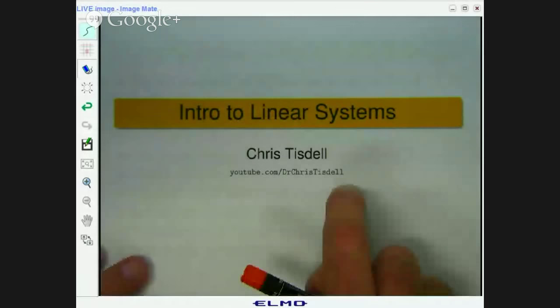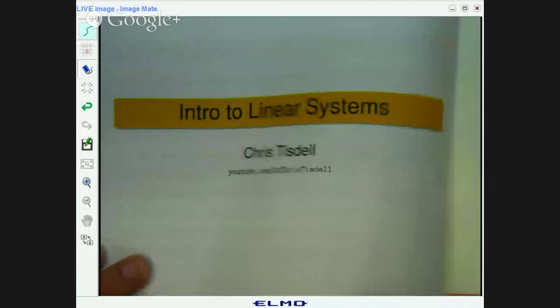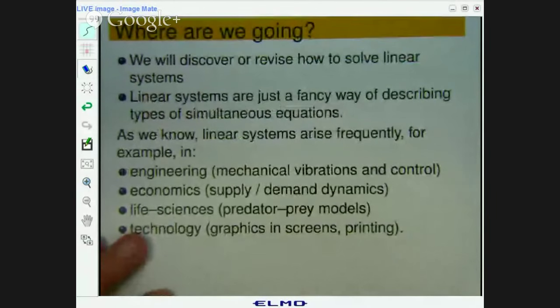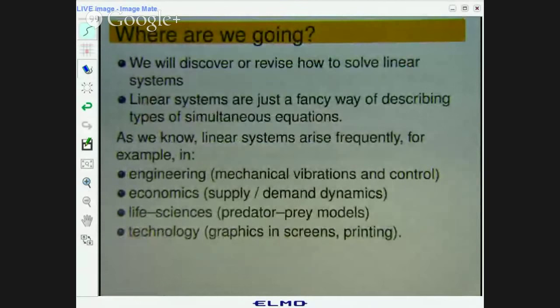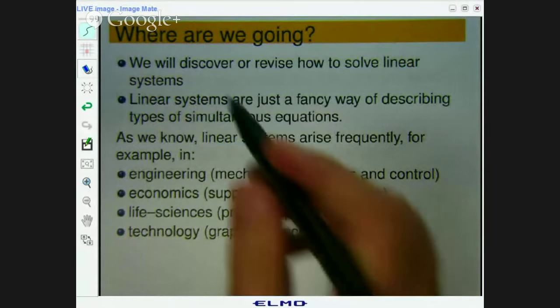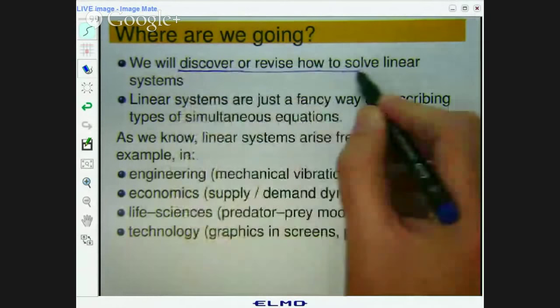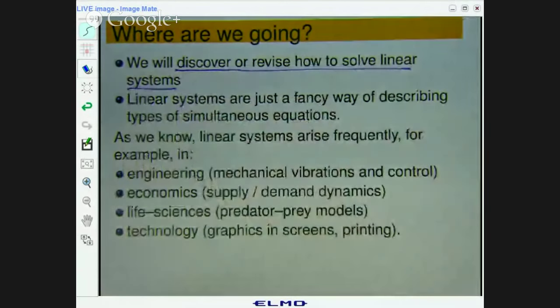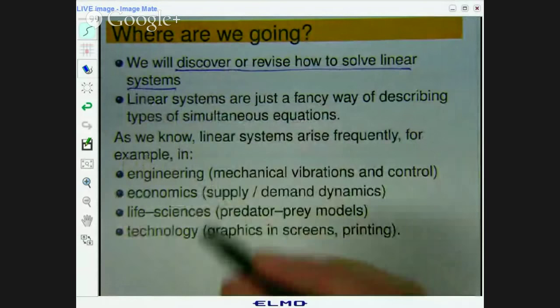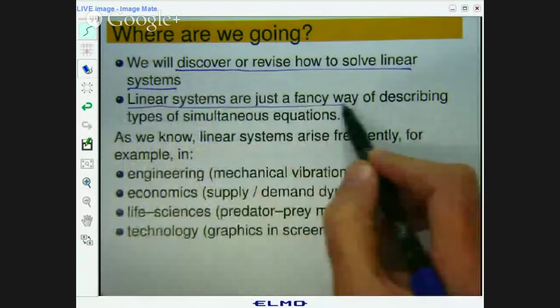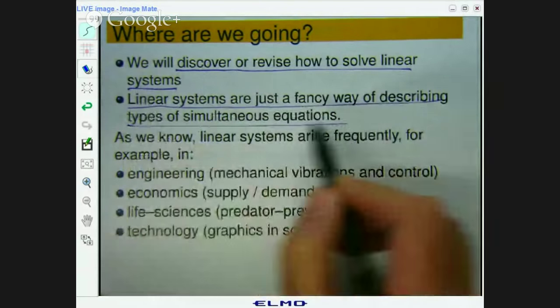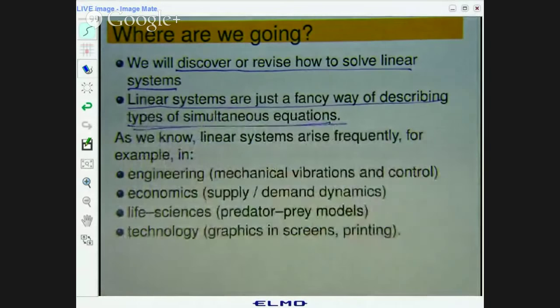So welcome to Intro to Linear Systems. So where are we going? Well, we are going to discover or revise, depending on how much you know about these things, so-called linear systems. And linear systems are just a fancy way of describing certain types of simultaneous equations.